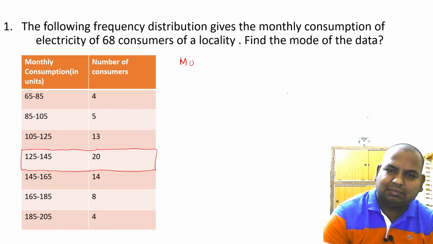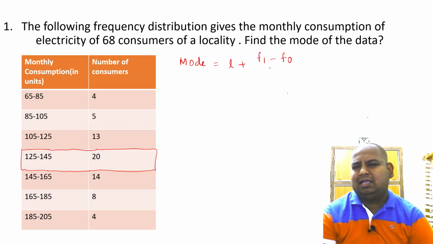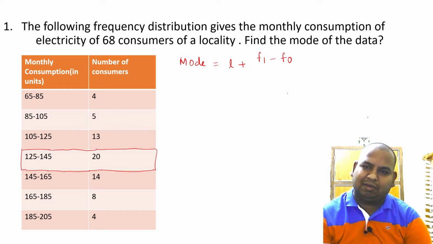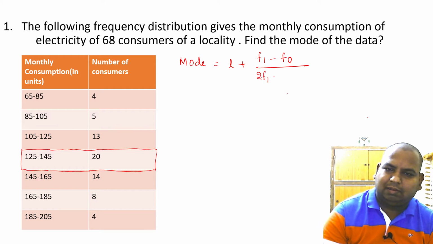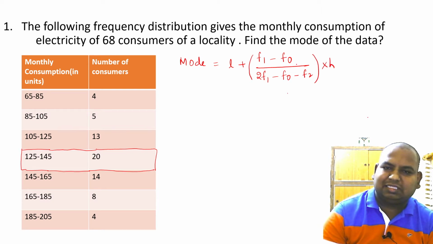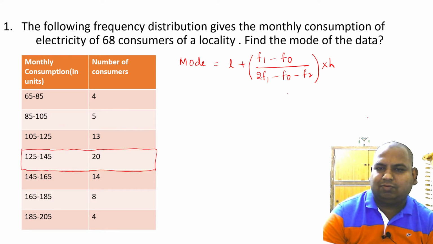Formula of mode is equal to L plus (F1 minus F0) divided by (2F1 minus F0 minus F2), into H. You can call F0 also F0. This is the formula of mode.